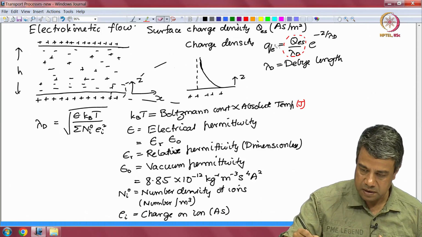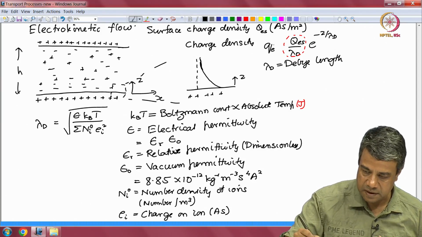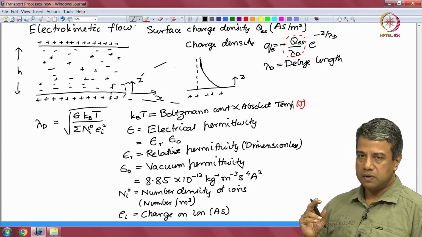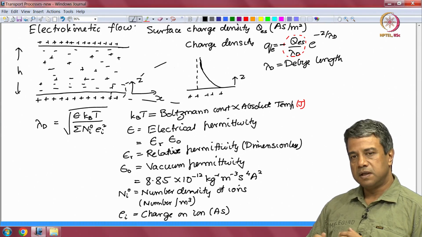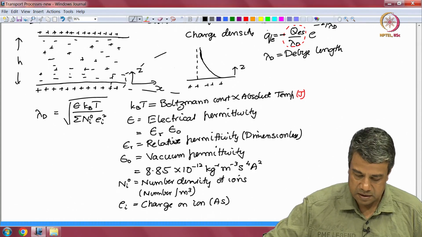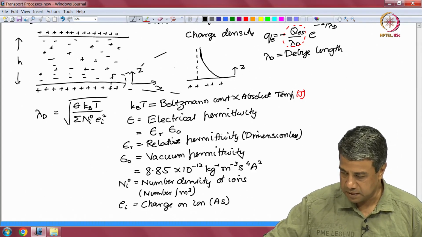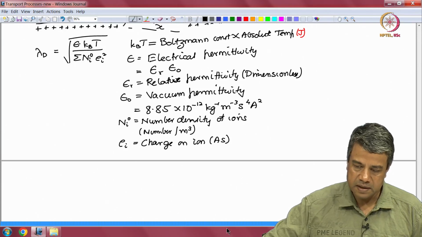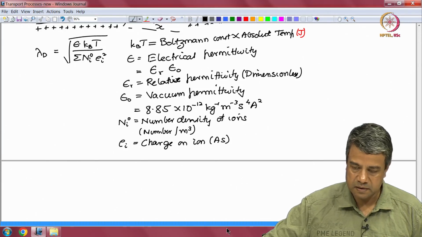I should strictly speaking put a negative sign here, because if Q on the surface is positive, the ions that are attracted are negative, and this is the expression for the Debye length. And you can easily verify that this has dimensions of length.